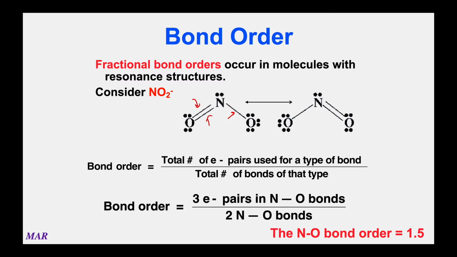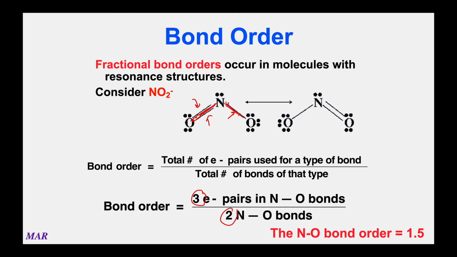All right, 3 lines. That's the 3 that goes right there. And those 3 lines are either between the left and the middle NO, or between the middle and the right NO. So there's 2 places they can go. So 3 pairs divided by the 2 places they can go, this is a bond order of 1.5.